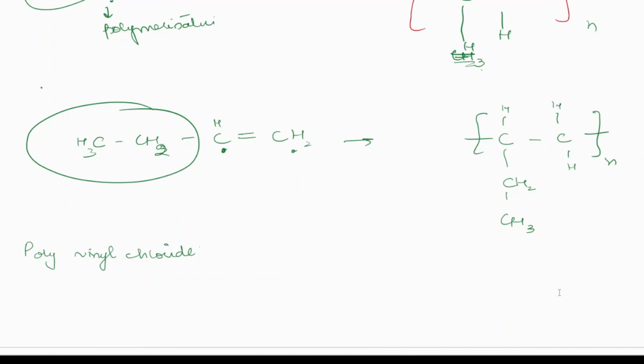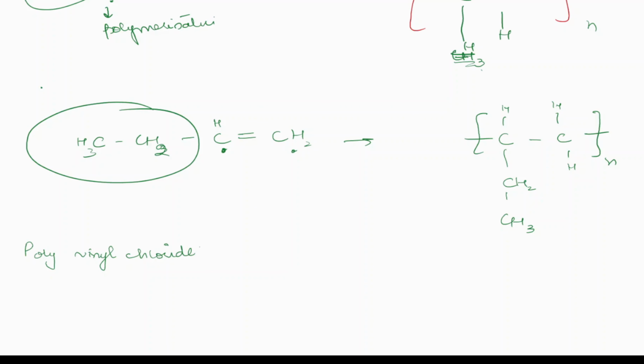It's basically, what do we call it, ethylene chloride, not ethyl chloride. It's a double bond, and it's ethylene chloride, meaning a double bond present with a chlorine. It's ethene with chlorine.